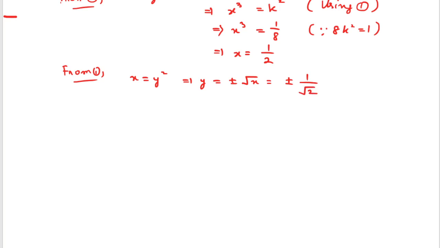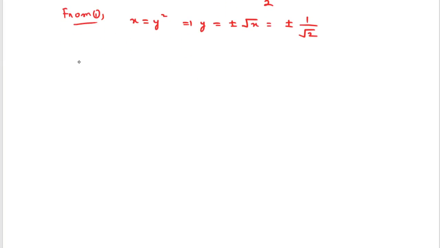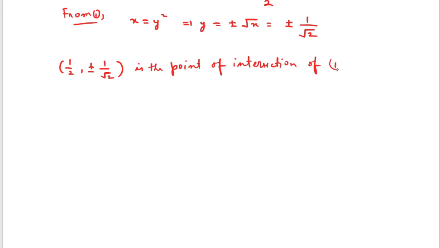From here I can say that the two curves intersect at the points half, plus minus 1 by root 2. It's the point of intersection of curves 1 and 2.